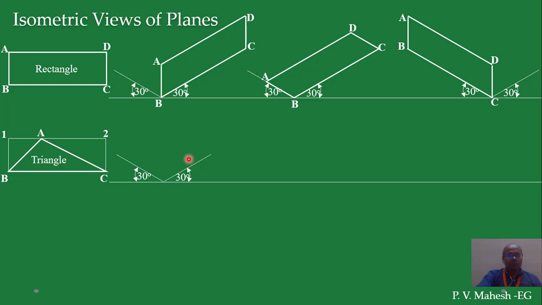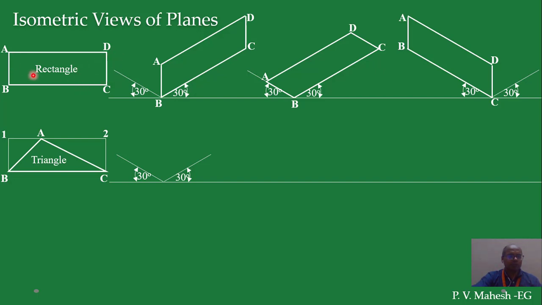First we have to draw B1. Why are we using this box method, or why are we enclosing this triangle in a box? Because this is the length, and this is not the width or the height. These are inclined lines, and in our isometric views we have only this kind of objects.